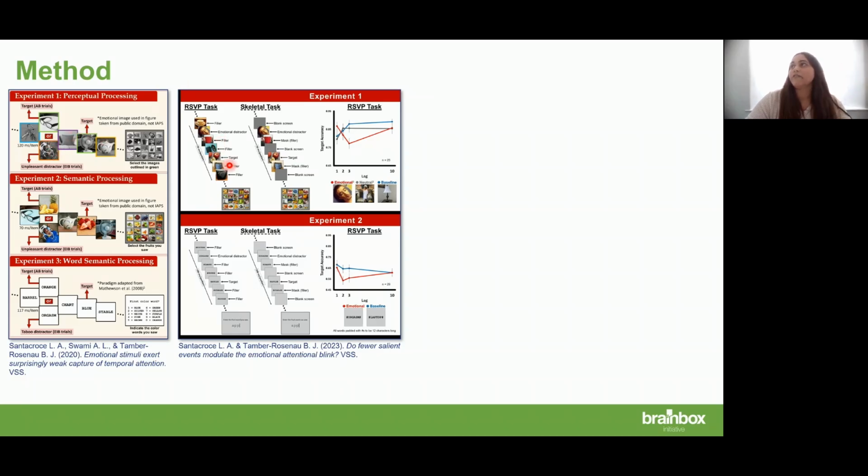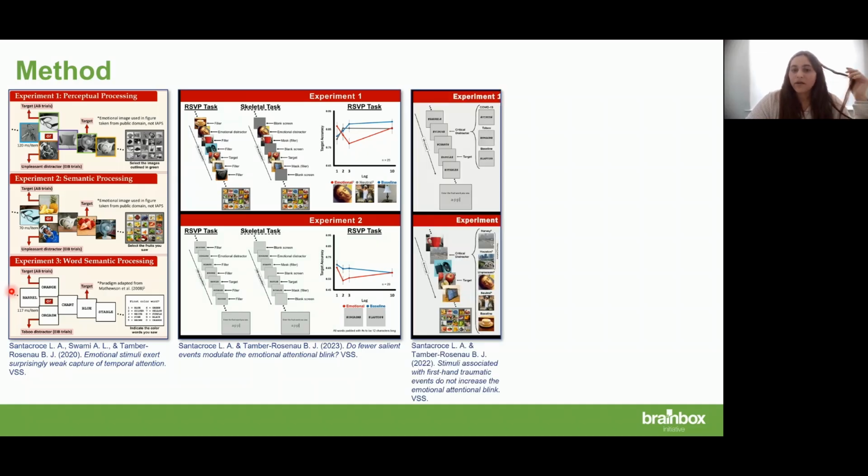But here, the fact that I had filler images and blank screens made it so I had to label each item because it all mattered. And then the CDIs, or the critical distractors, still mattered. And then the speed mattered less again. You'll notice that there's a dotted line underneath skeletal here, and that will matter later. I'll show you that later, but that was to maintain consistency while I was talking about those cues.